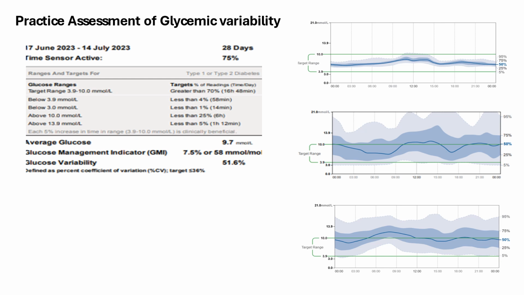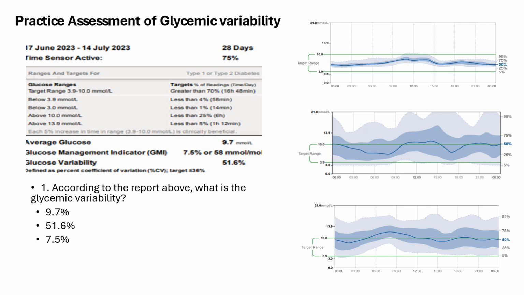So this one wouldn't apply because the average blood sugar is not 9.7, almost 10. This one wouldn't apply because the glycemic variability is not that bad. And this one is the one that you would take a look at and say, I think that the glycemic variability is higher on this graph. So that would match what this report is showing.